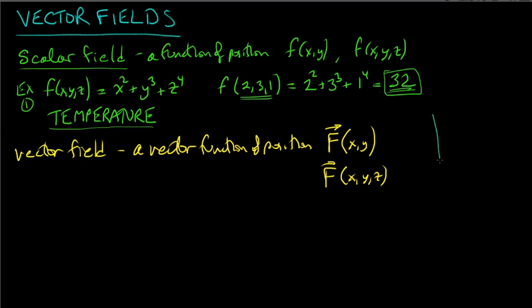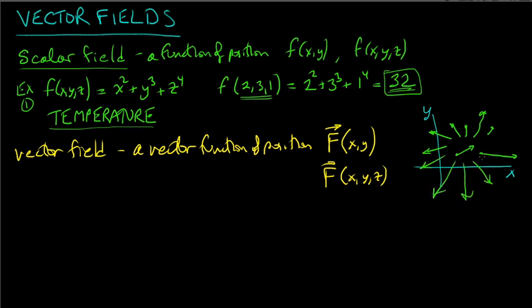So let's just stick with the xy plane for now, because it's hard to draw in space. At this point here, you might have this vector. At this point here, you might have, I don't know, this vector. At this point, you might have a very small vector. At this point, you might have a very long vector. So every point in space will have a different vector.